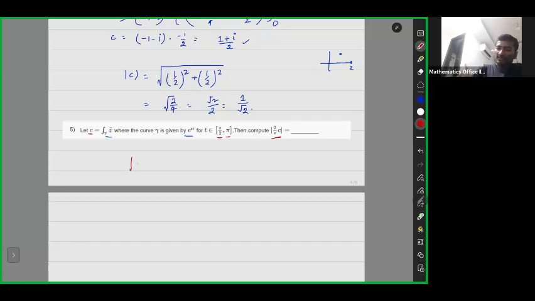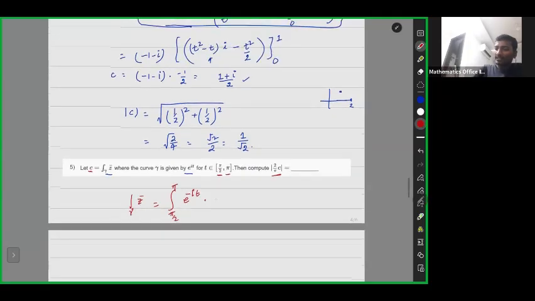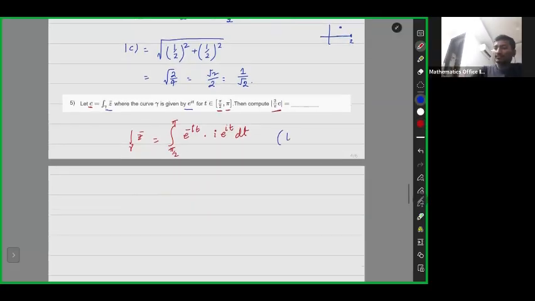Gamma of z bar over gamma, where gamma is e power it, which bar is e power minus it, from pi by 2 to pi into gamma prime, which is I into e power it dt.